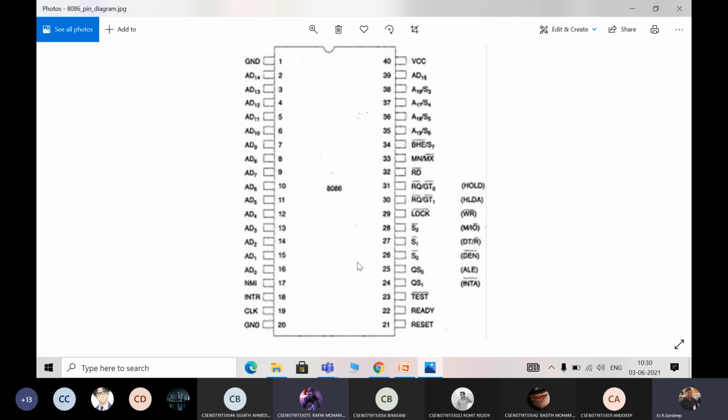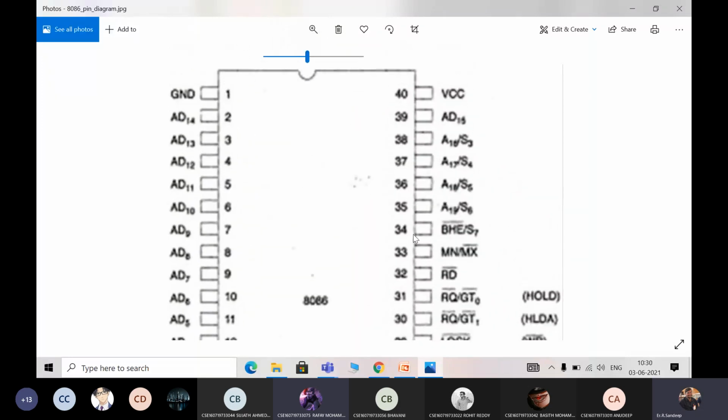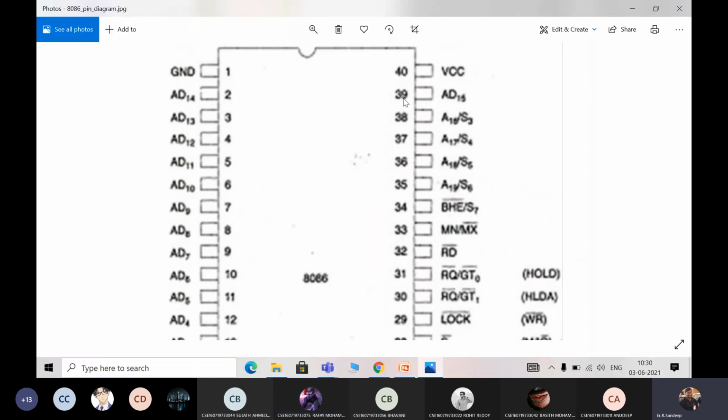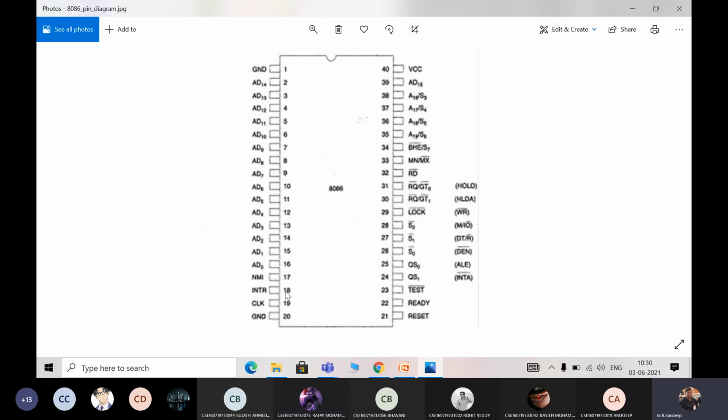And where are AD15 to AD19? From 35 to 38, so AD19 to AD15.